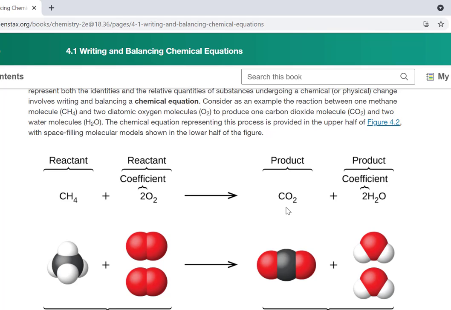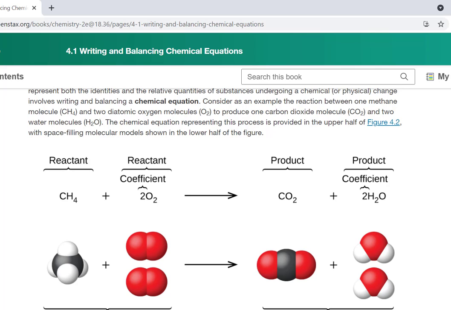If there's a 1, you don't have to write it, similar to when we have a 1 within the formula of a compound, we don't typically write it. There's something distinct here between coefficients and, within the compound, a subscript. The 4 on the methane is a subscript. That is a different thing than a coefficient. A coefficient is telling you how many of that substance you have, whereas the subscript is telling you something about what that substance is made of.